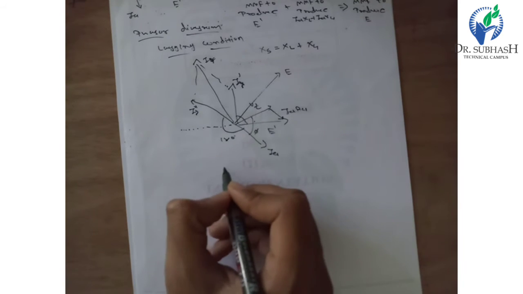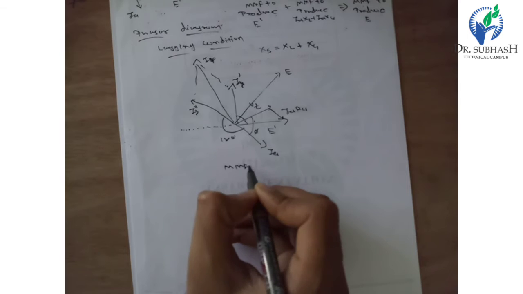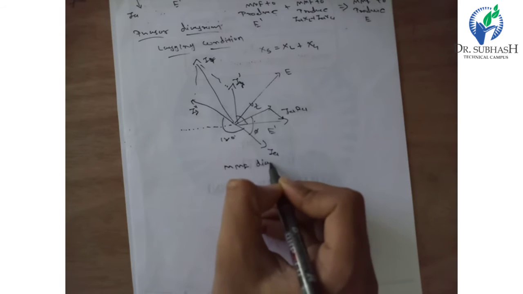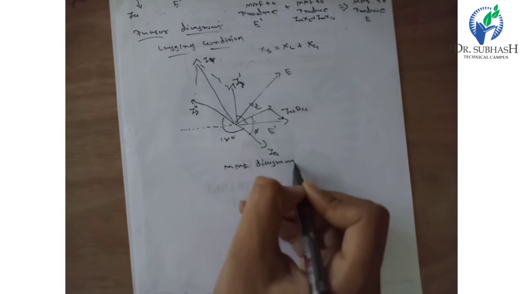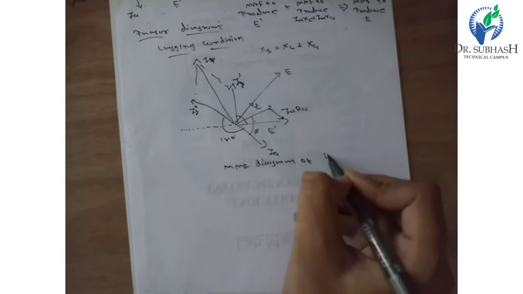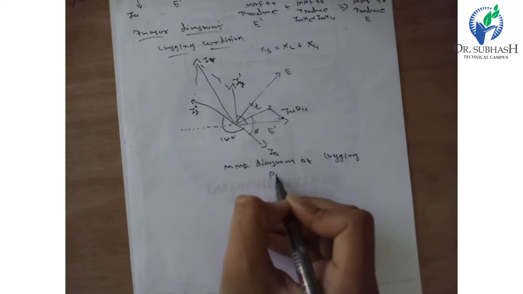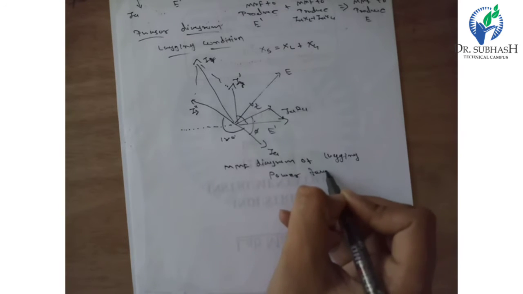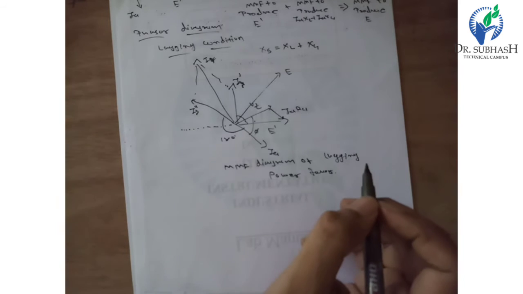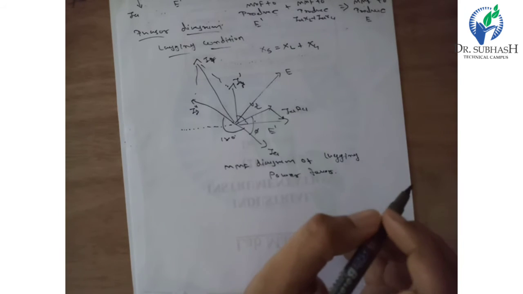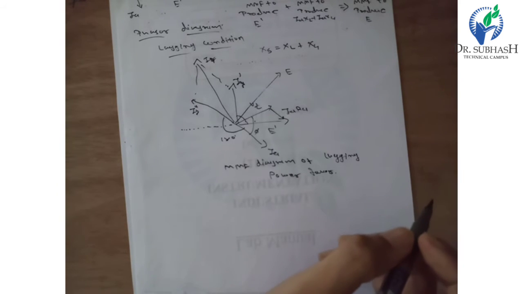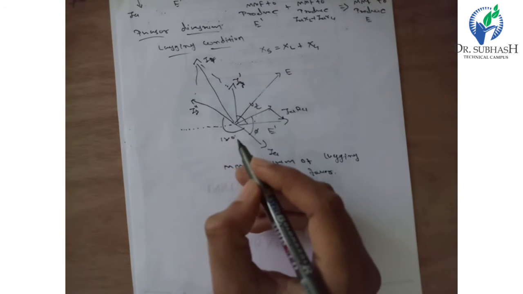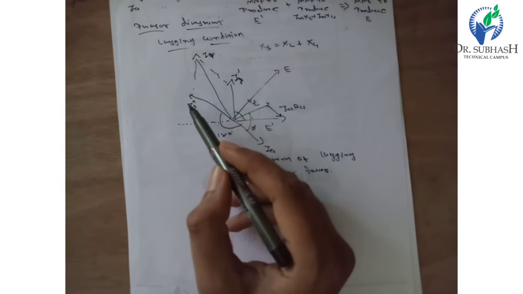So there is a figure of an MMF diagram of a lagging power factor connection. The MMF will be in the opposite direction, 180 degrees apart from the IA, and let it be considered as IF double dash.